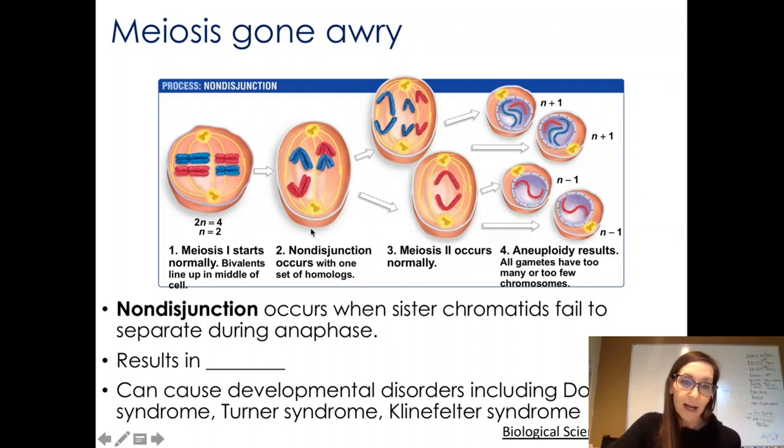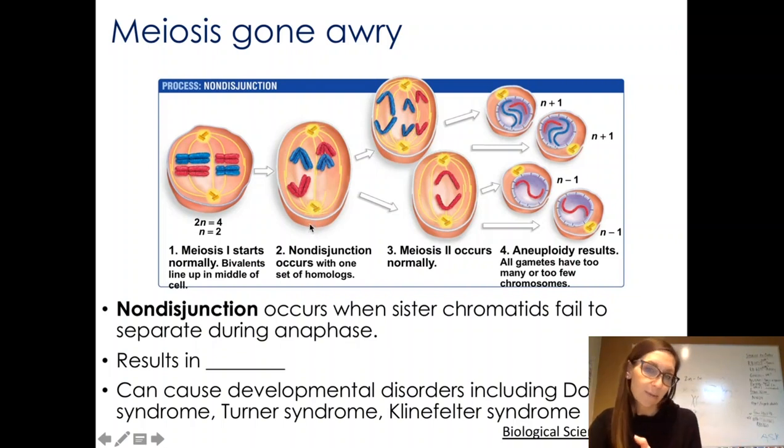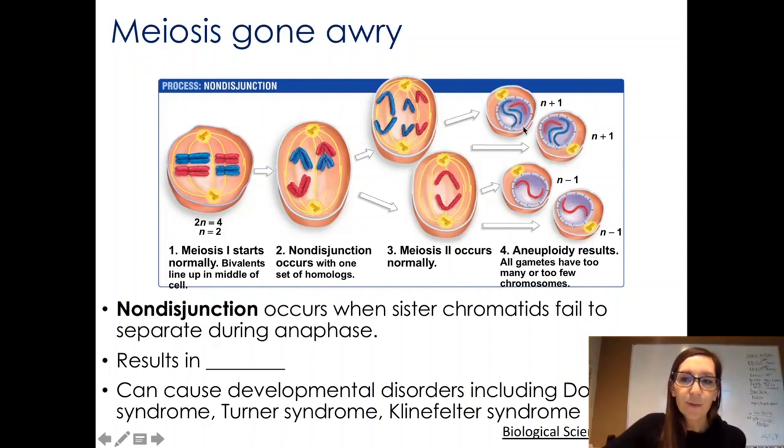This can happen in either the first meiosis or the second meiosis, but either way, it's going to give rise to gametes that have an extra chromatid or an extra chromosome, or they're missing a chromosome. And so this is going to result in what we call aneuploidy, which I think we talked about in genetics a bit.